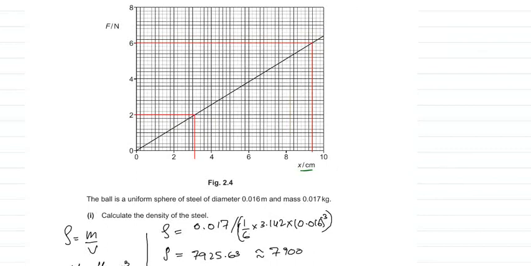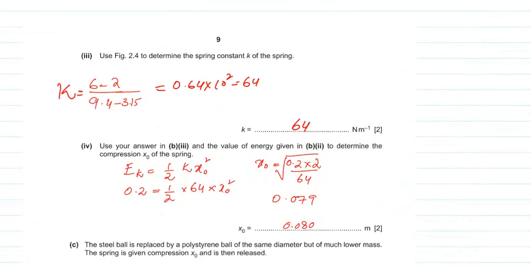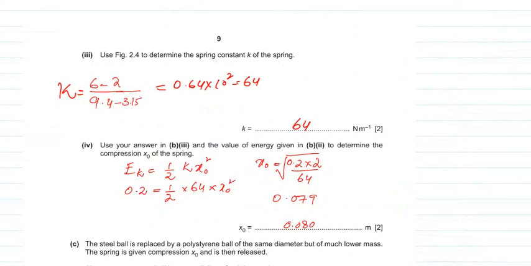So this was actually 6 minus 2 over 9.4 minus 3.5, so 0.64 is the value, but you know it's in centimeter, so it is in the denominator. So it will go up, become a square. So 0.64 into power 2 will be 64 Newton per meter.